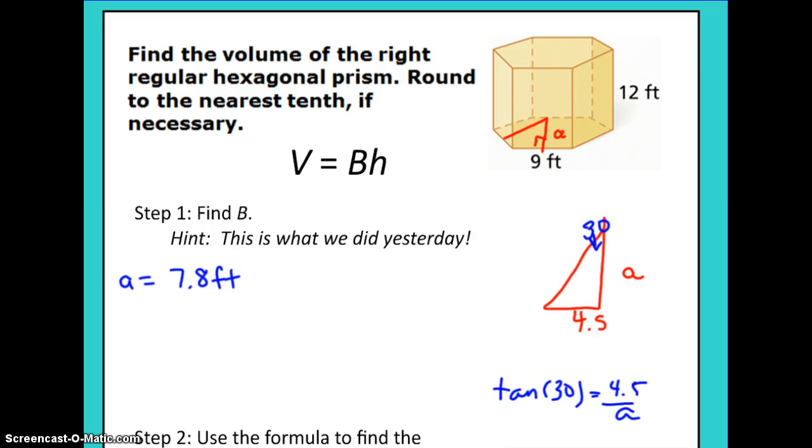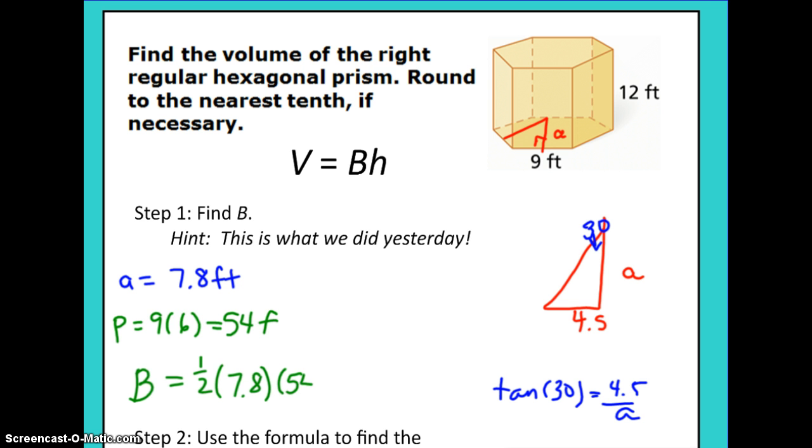Now the perimeter is 9 feet. There are 6 sides, so the perimeter would be 9 times 6, or 54 feet. So the area of the base equals 1/2 times the apothem times the perimeter equals 210.6 feet squared.